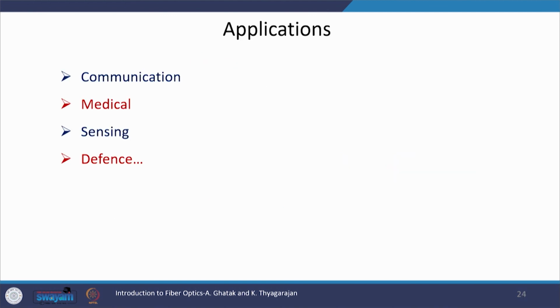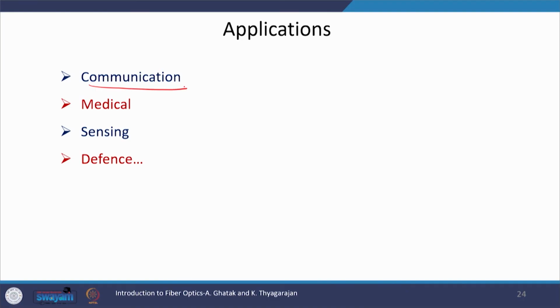Now, fibers have very wide applications in almost all fields of science and engineering. As I discussed before, they are used in communications and in imaging. Fibers are also used in sensing.